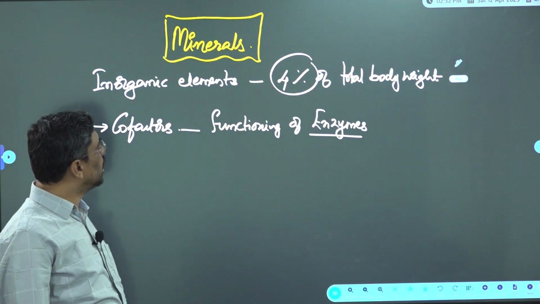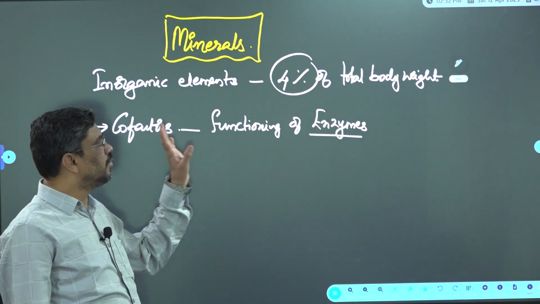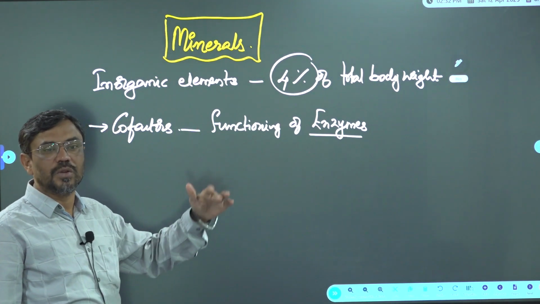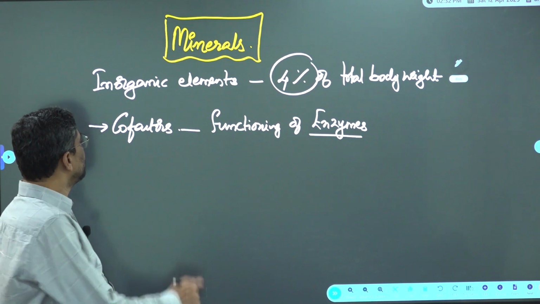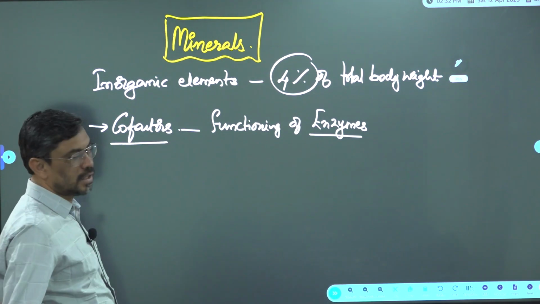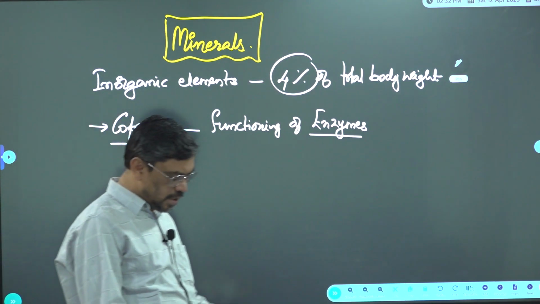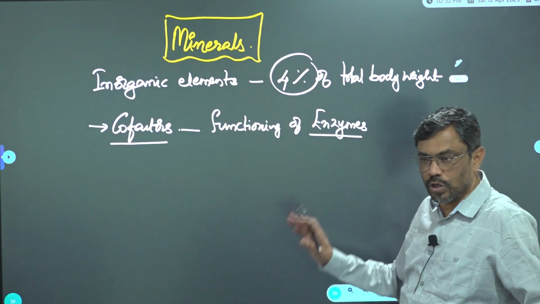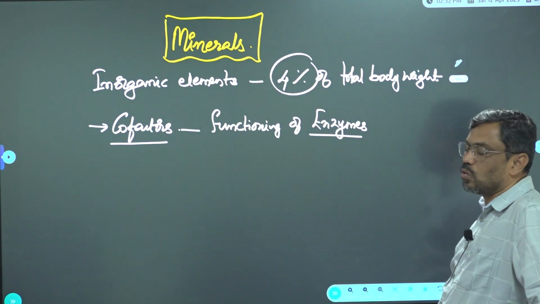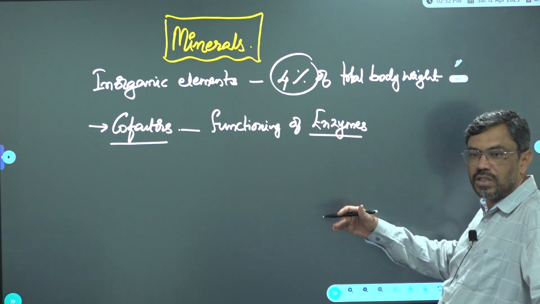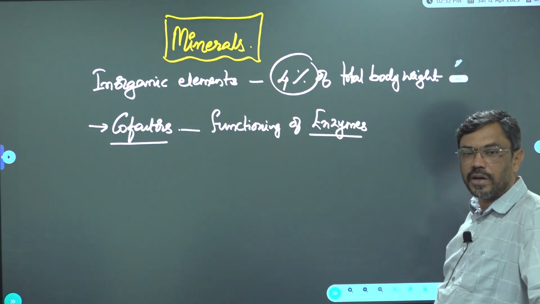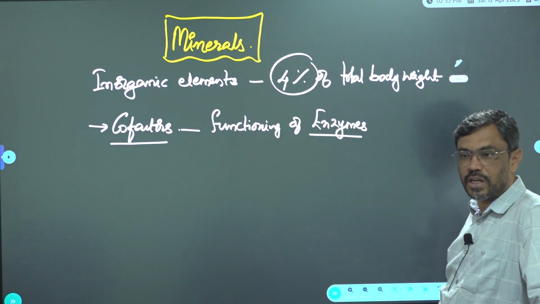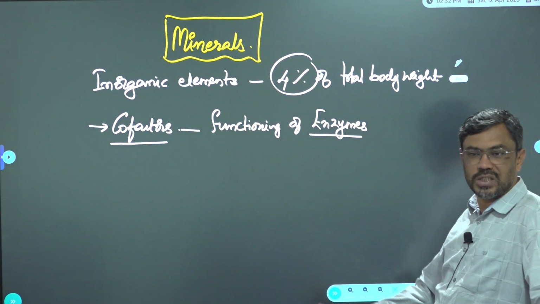So minerals are the inorganic elements which constitute nearly 4% of the total body weight. They act as cofactors, that means they are involved in the functioning of enzymes. I already told you about enzymes. Enzymes are biocatalysts which enhance biological reactions.